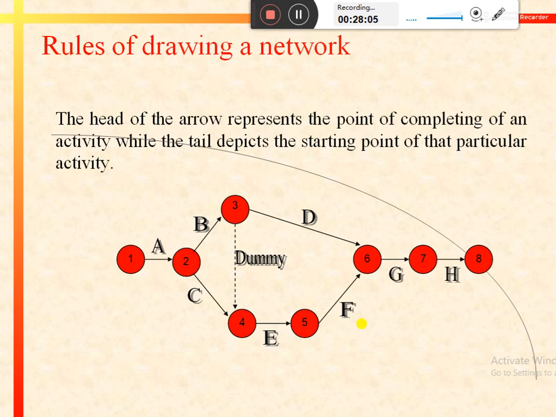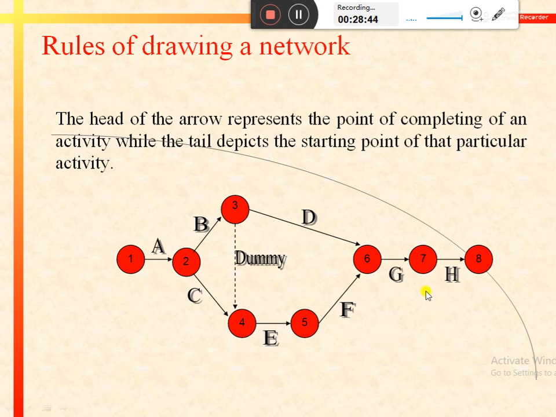The next rule is that the head of the arrow represents the point of completion of an activity, while the tail depicts the starting point of that particular activity. As we have discussed earlier, for example, in case of A, event 1 would represent the starting point of the activity and it would be known as the tail event, and event 2 would depict the ending or completion point of activity A and would be known as the head event.